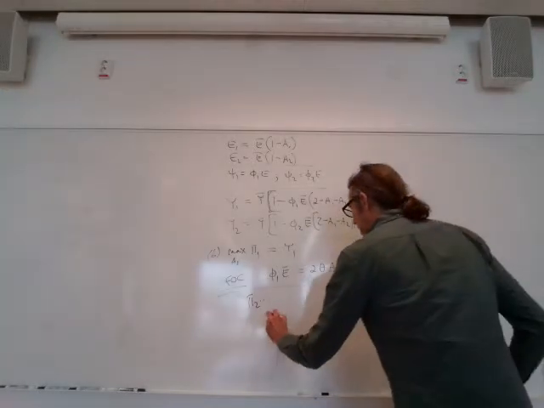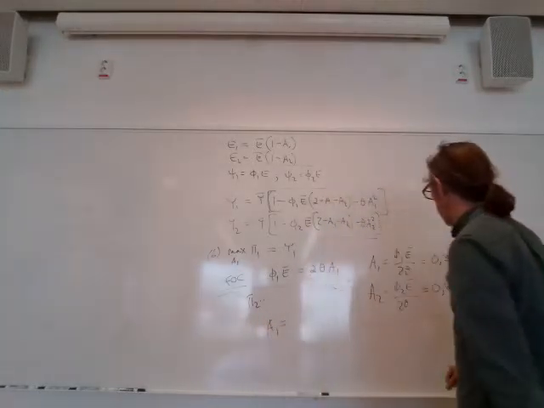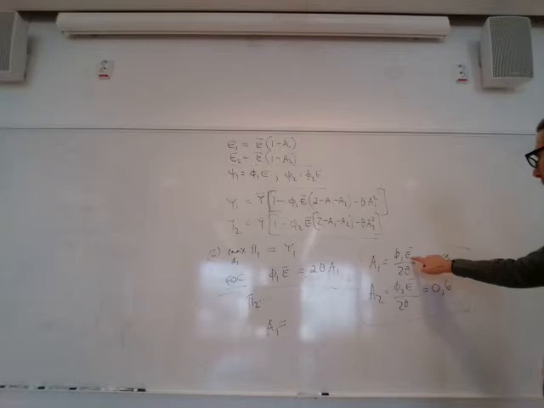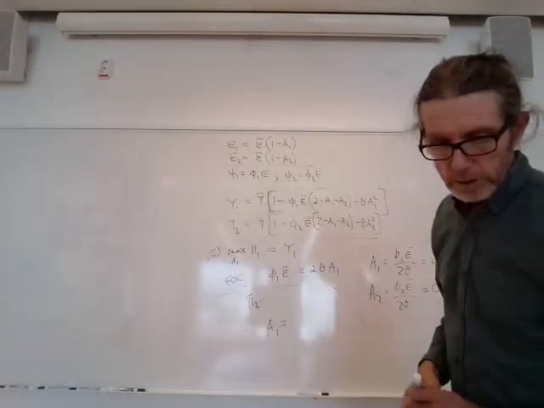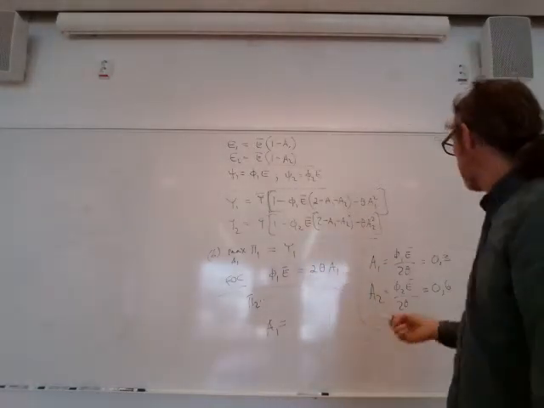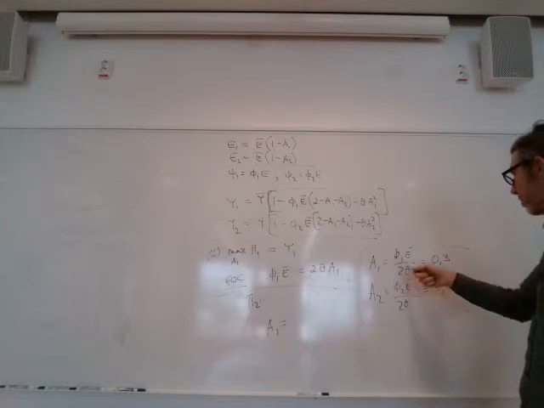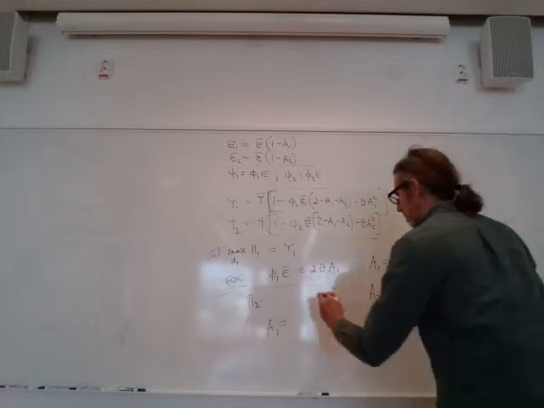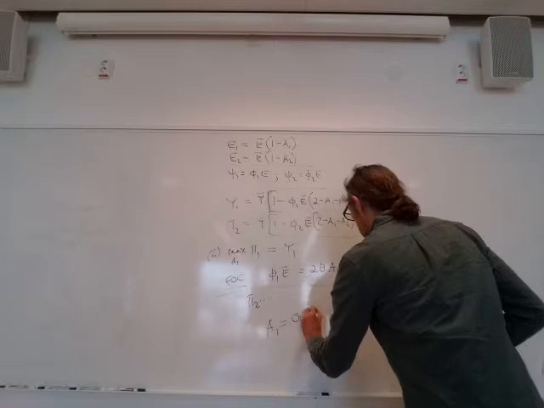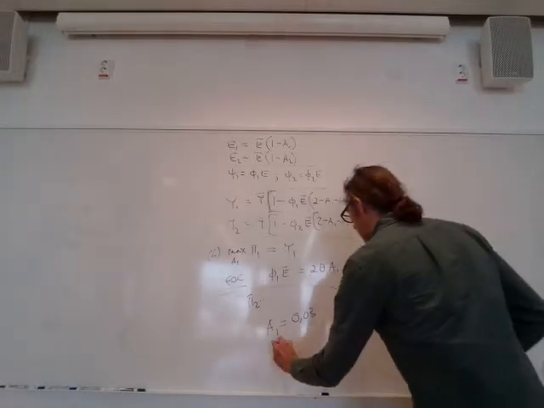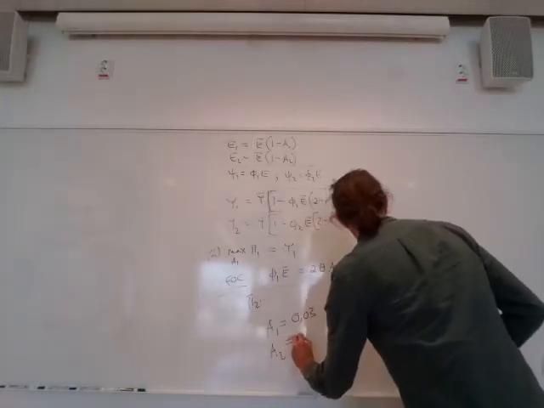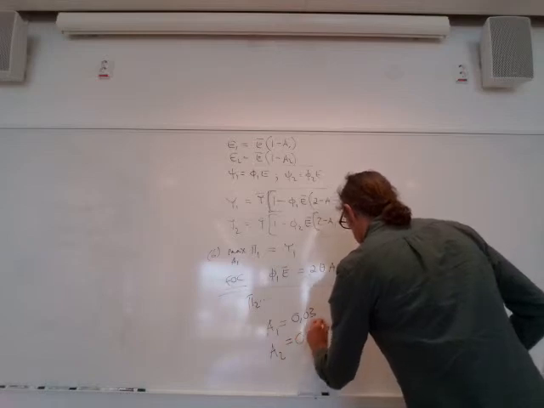So the new A1 is now phi 1 E bar over 2 theta, and what were we told? So E bar is now 0.1, but these are the same, so we end up with 0.03 and A2 is 0.06.